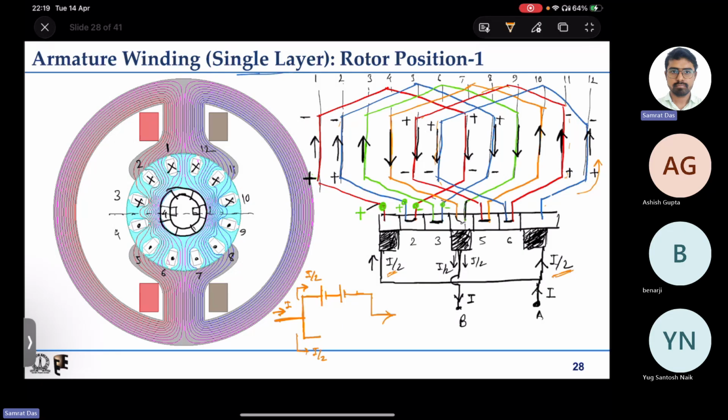Now the other path, it is the induced EMF of coil 6, then induced EMF of coil 5, then coil 4 is a short, and it goes back like this. So you can see what we mean by parallel path here. Here there are two parallel paths for current, and we have some induced voltages coming in series. So here in this case we have two induced EMFs.